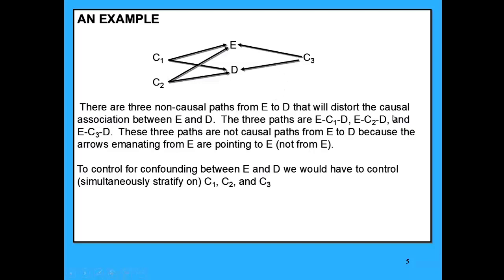If you pick off C1, C1 goes to E and C1 goes to D. So C1 looks like a confounder from that DAG. So does C2 and so does C3. So if this was your DAG, you'd probably want to consider control of all three. You might not need to control for them, but you would start a model by putting these three C's in the model.